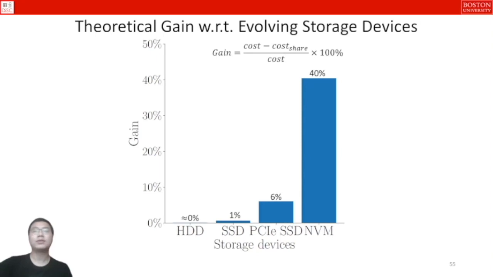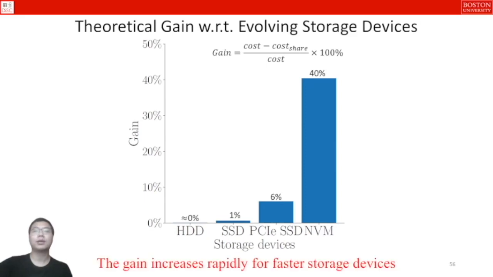The gain increases from negligible for hard disk drives, 1% for solid-state drives, to 6% for PCIe SSD, and it is projected to be up to 40% for non-volatile memory. In other words, the gain increases rapidly with faster storage devices.